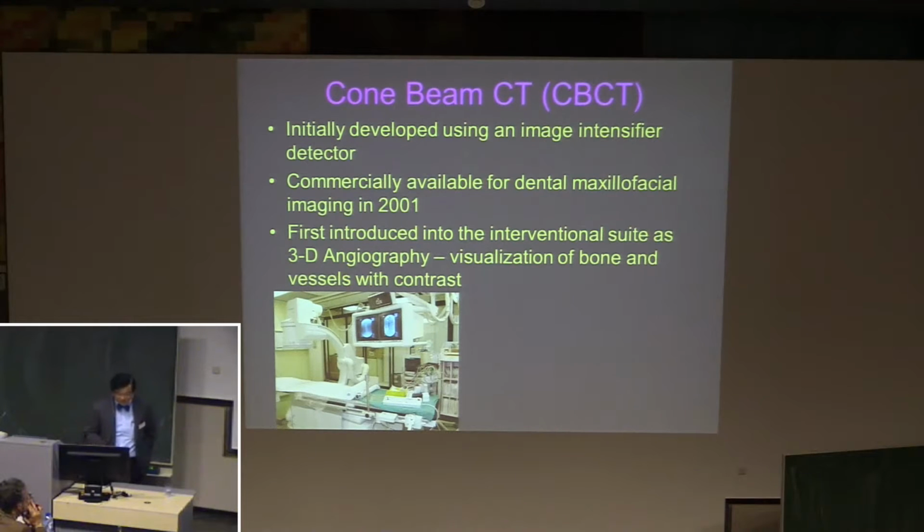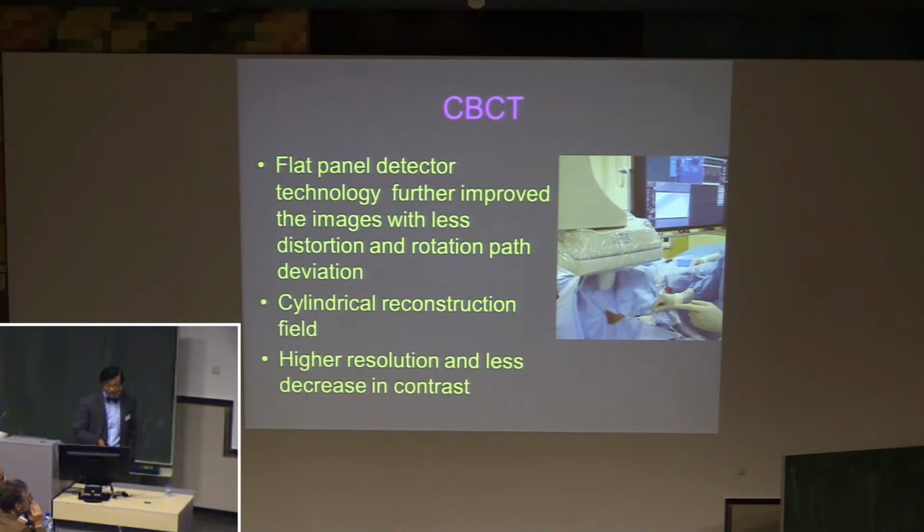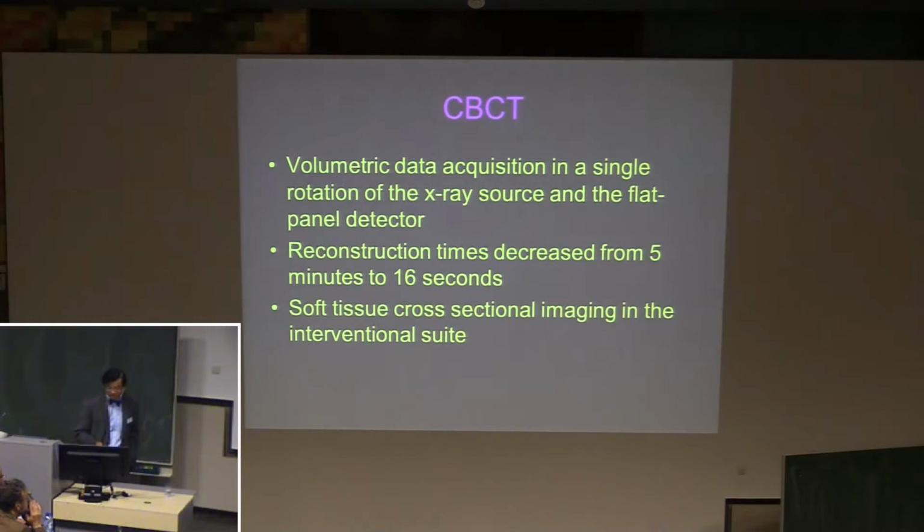Marco has spoken to you about Conebeam CT, which is capable of also producing cross-sectional images in the angio suite, and I will not dwell on the history or the principles of how it developed. As he has mentioned, the flat panel detector technology has improved the cross-sectional reconstruction of the images with higher resolution and less decrease in contrast.